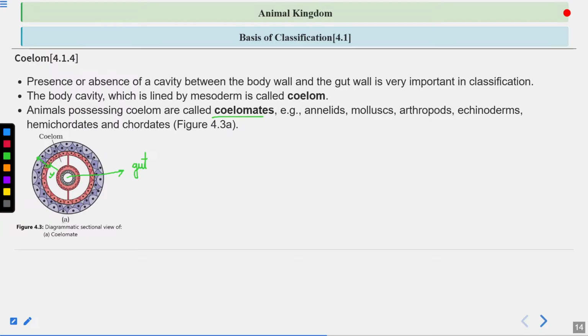That is coelomate, because from both sides you see the body wall has the mesoderm layer, and the gut wall outer layer also has the mesoderm layer, right? So the mesoderm presence is very, very important. If they are not having the mesoderm, then it is not a true body cavity. This is also very important. So these are the coelomate organisms in which they have the mesoderm layer, the coelom body cavity.